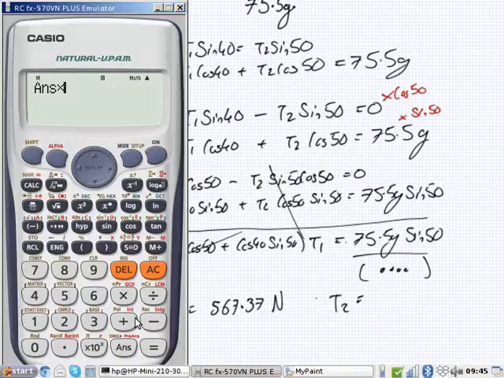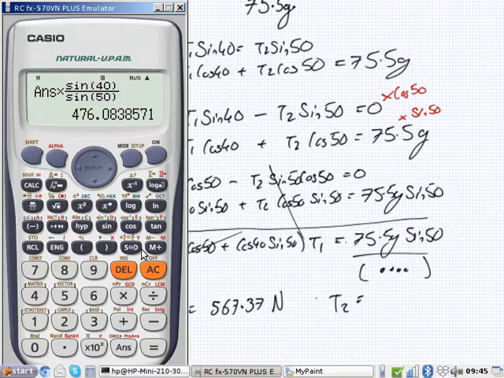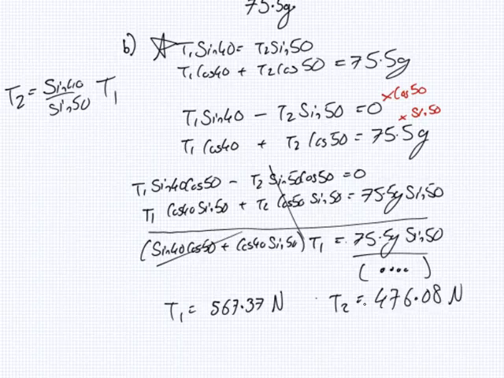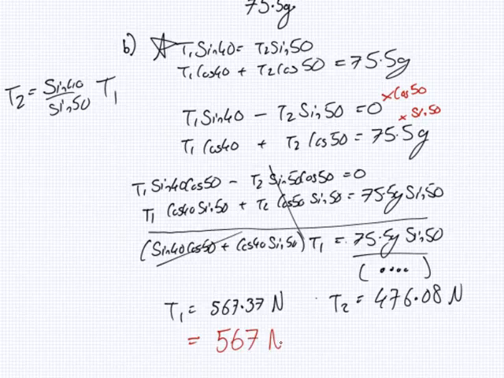So if I multiply my answer by sine 40 over sine 50, I get 476.08 newtons. So finally my answer is 567 newtons and 476 newtons to 3 significant figures.